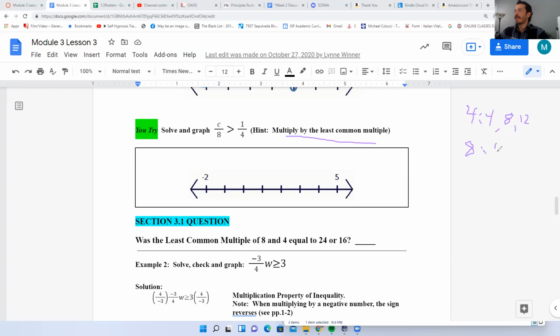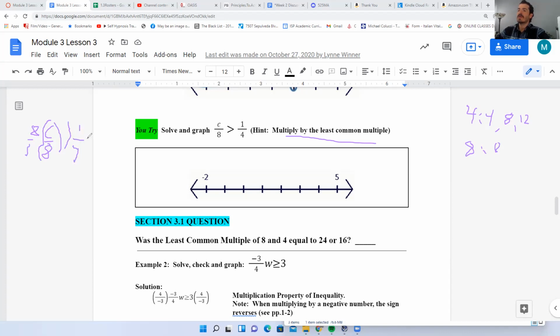Oh, look, there it is, it's 8. So I'm going to multiply both sides by 8. And because I'm dealing with a fraction, I'm just going to put this 8 over 1 so it's a little more clear what's going on here. And I'll put a parenthesis here to bracket that off. And this is greater than 1/4.